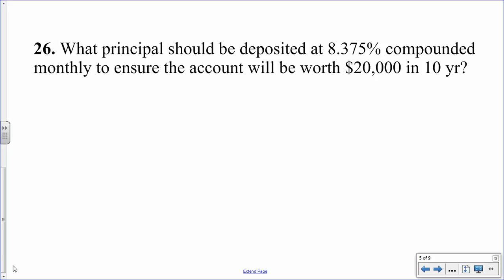I read compounded monthly. So I first identify the formula that I need. So compounding interest would be this formula. And then I want to know what variable I'm solving for.